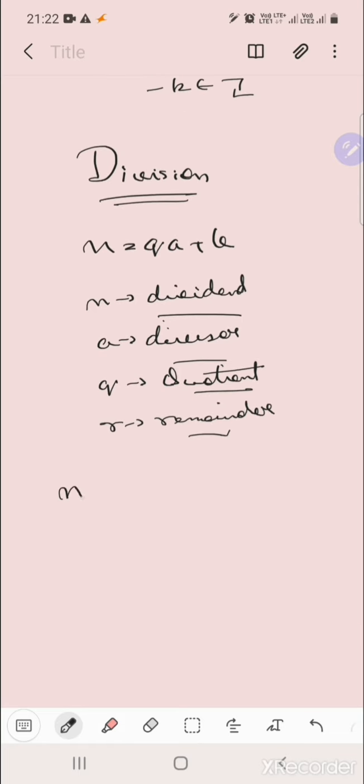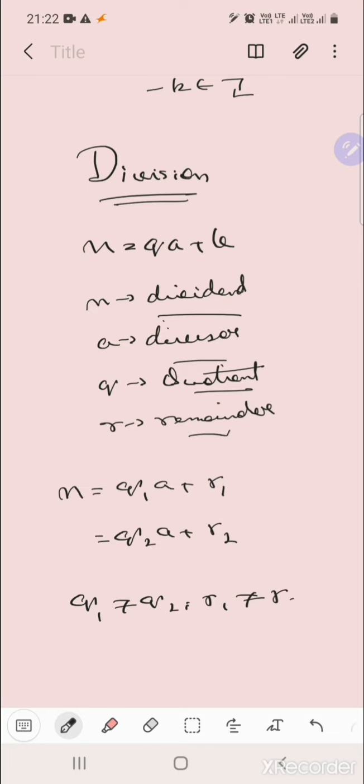I mean to say that n cannot be written as q1a plus r1 and also as q2a plus r2, where q1 is not equal to q2 and r1 is not equal to r2. This thing is not possible. You can only express this in one way, when the dividend and divisor are constant.